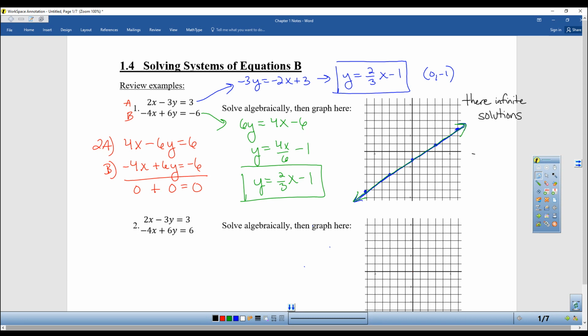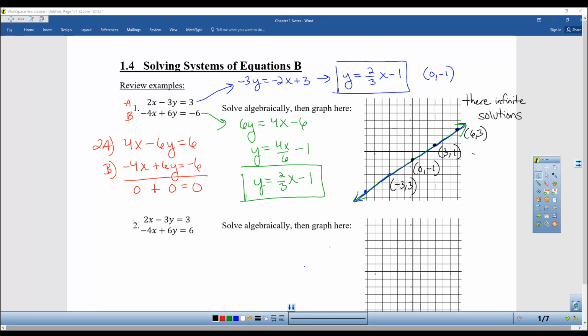Instead, I want to know a pattern for the answers, meaning the answers are only the points on this line. 0, negative 1 is a solution. 3, 1 is a solution. 6, 3 is a solution. All of these are solutions.